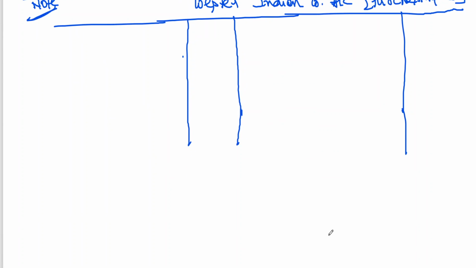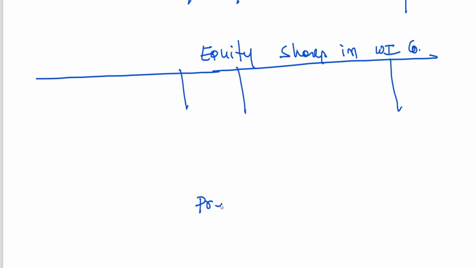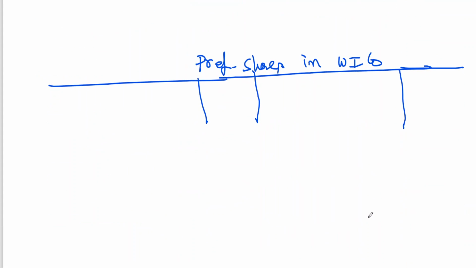Western Indian Company, and then two more accounts I'm going to open: equity shares in Western Indian Company, preference shares in Western Indian Company, and also B's loan.